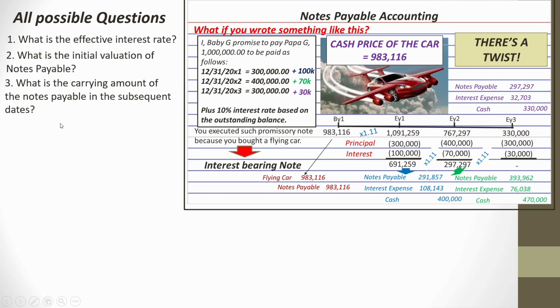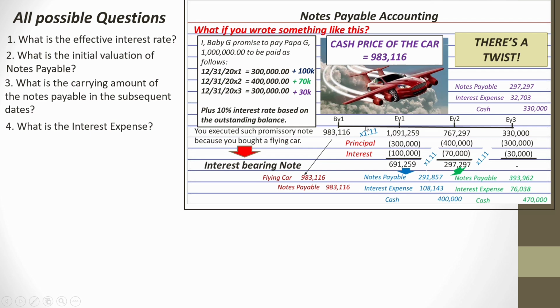Now, possible question number 4 is, what is the interest expense for a specific year? Well, if you have a timeline, you can just compare the after interest amounts with the before interest amounts. Like the interest expense in this illustrative problem for year 1, it can be extracted by deducting this before interest amount of 983,116 from this after interest amount of 1,091,259.